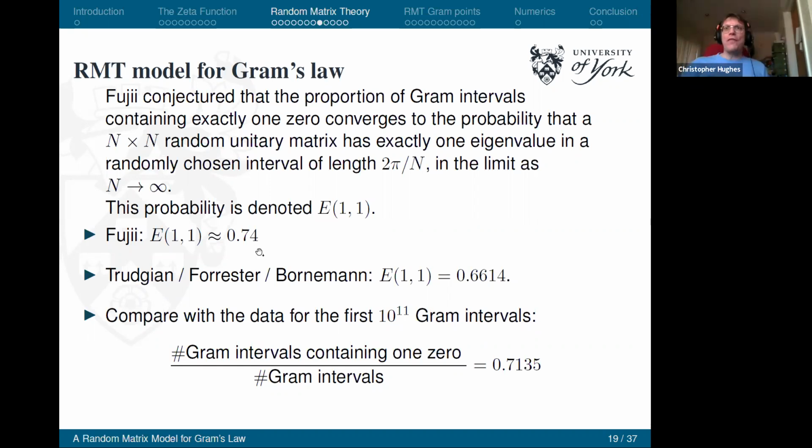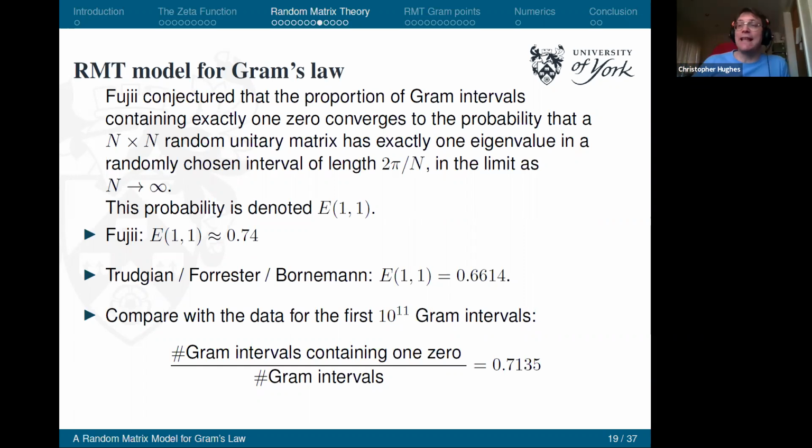He actually got that number from doing a series expansion of E(1,s) for small s, and took the first, I can't remember, 3 terms of the Taylor expansion around s equals 0, and then plugged s equals 1 in. So that's not quite right, but you can work this out exactly, and you get that it equals 0.6614, and so on.